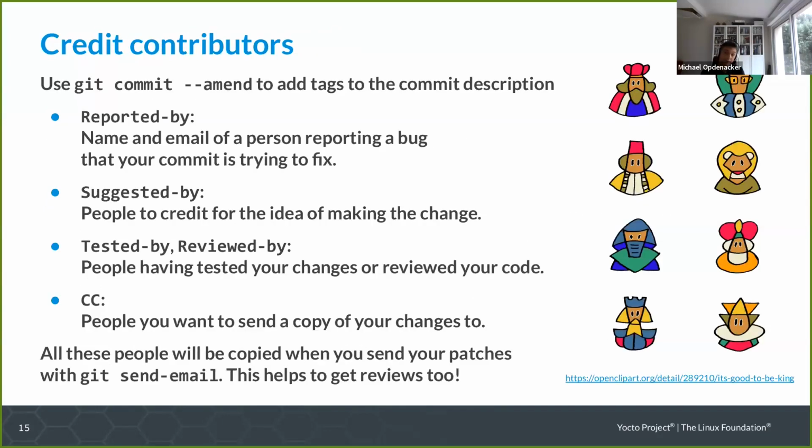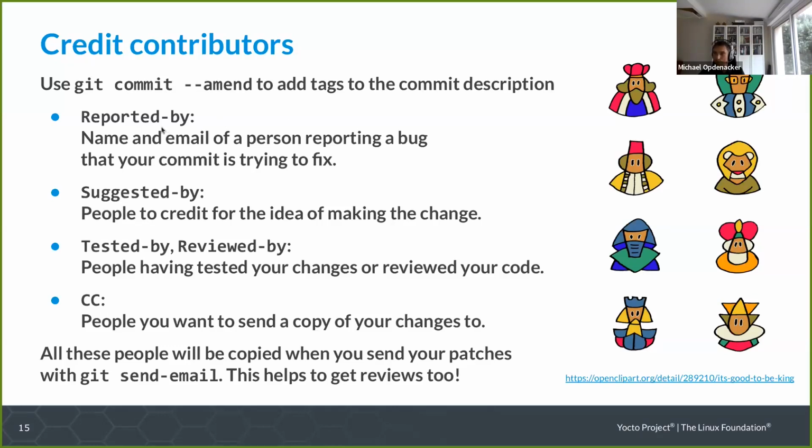Another good thing to do is credit contributors. So if you just have one commit to modify, or you could use git commit --amend to add tags to the commit description. Well, you could do that with multiple commits as well when you edit them.